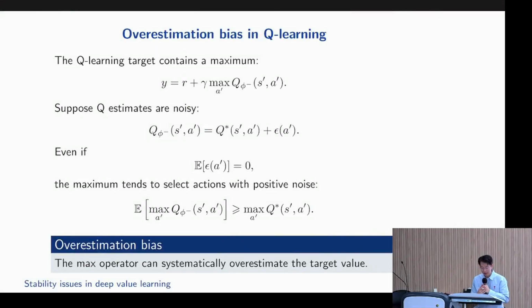Another problem is the overestimation bias. Inside the target, there's a maximum.